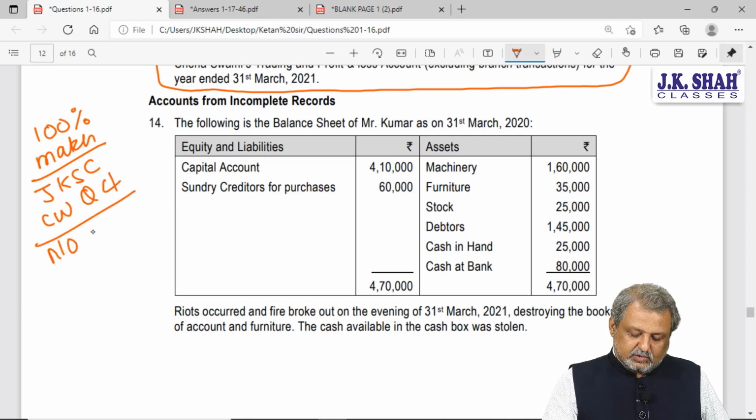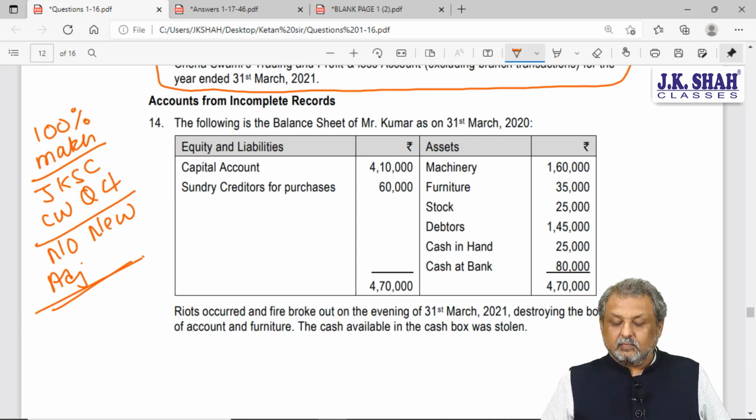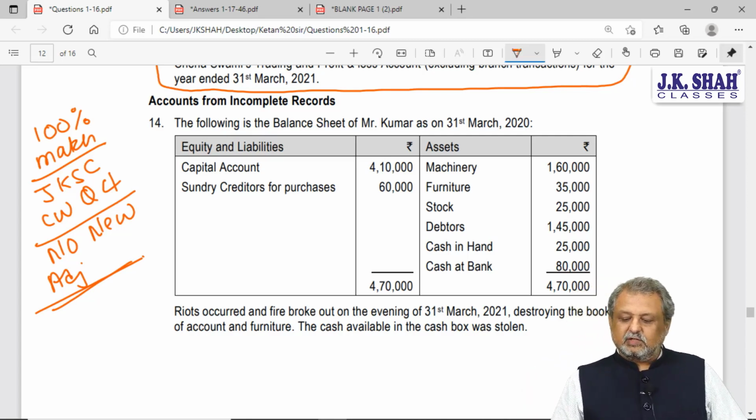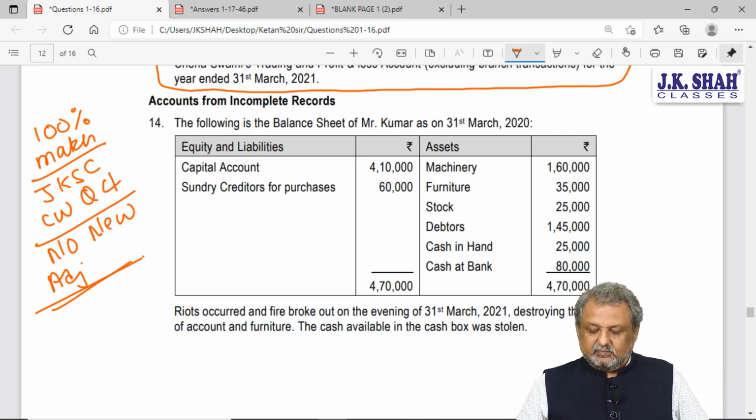No new adjustments, everything same. When I say 100% match, of course, the name of the person and the amount differ slightly here and there, but it is absolutely the same question. So there is nothing new to be taught to you here. You can go through our classwork JKSC question number 4, with a little change in the figures here and there, rest everything is same, all adjustments same.